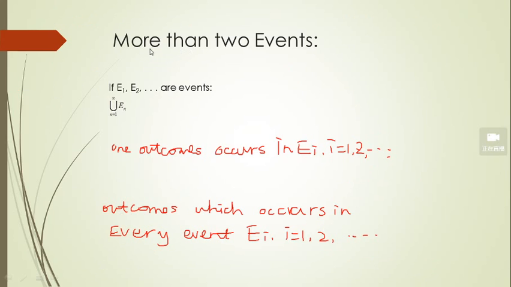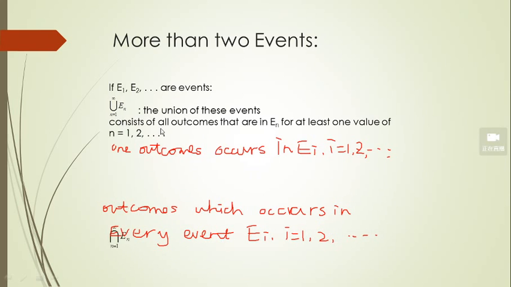Now, if we have more than two events, E1, E2, until infinity, this is the notation for the union of all the events. That consists of the outcomes that occur in any one of them. If an outcome occurs in any one of them, then it should be included in this infinite union.